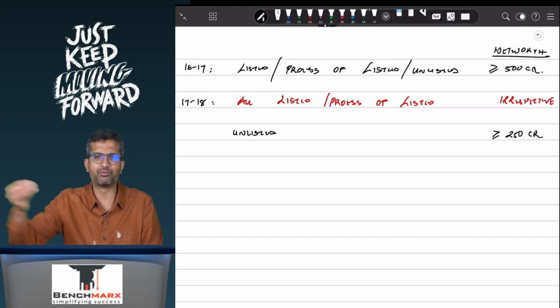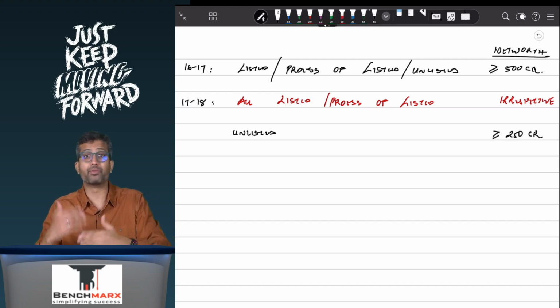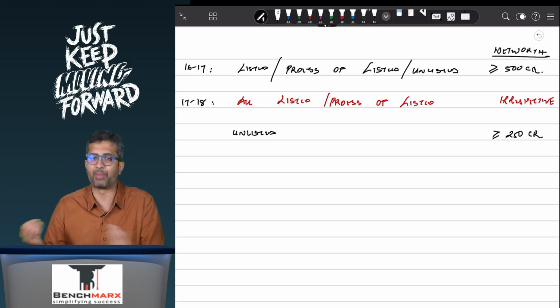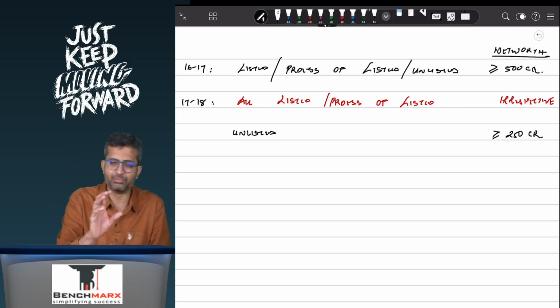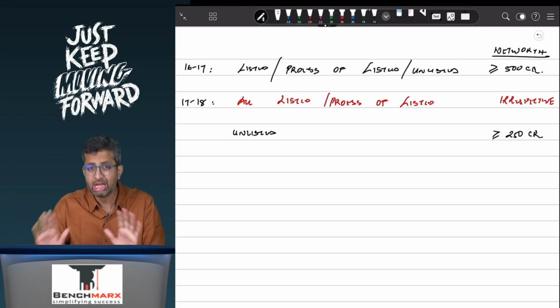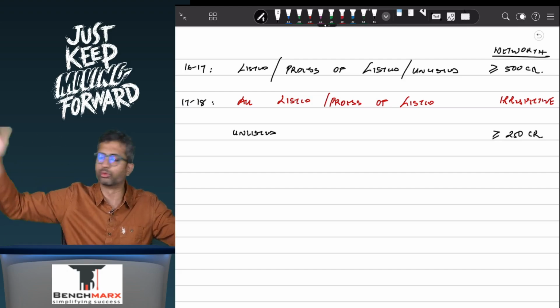Now, you would have read a few stories in the last few months of SME IPOs where people who are having a small showroom or a small packing factory are getting huge subscription, but by default SMEs are smaller companies. Their net worth will never be more than 250 crores. So you don't have to worry what if there is an SME which is listed with a net worth of 250 and above.